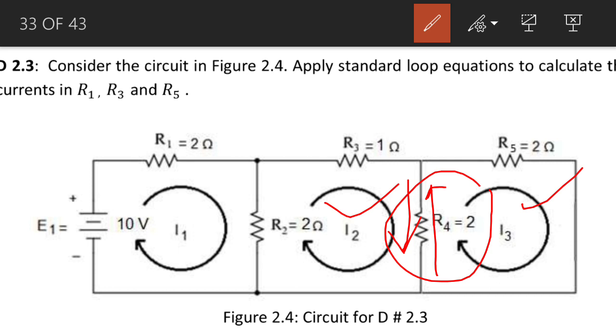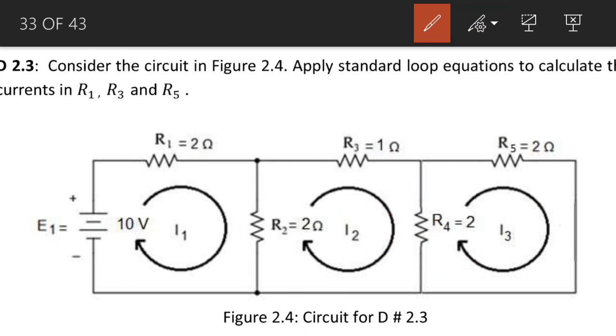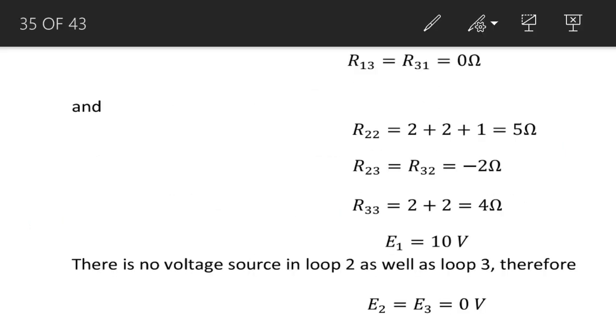I2 and I3 are in the opposite direction through this resistor R4. So the resistance of this resistor will be negative. So R23 is equal to R32, and that is equal to minus 2 ohm.